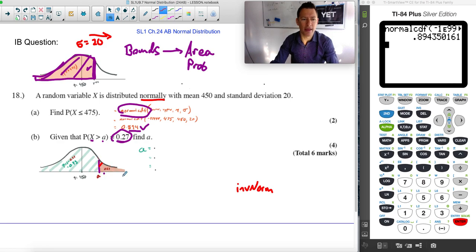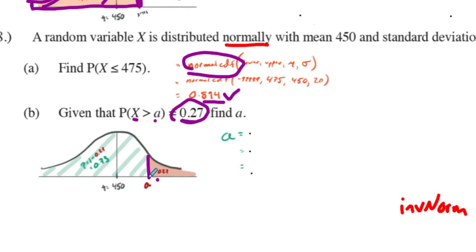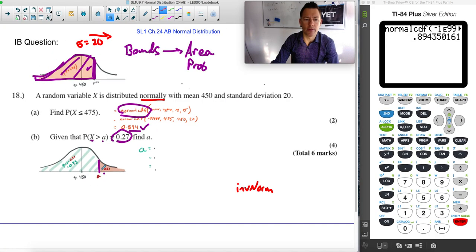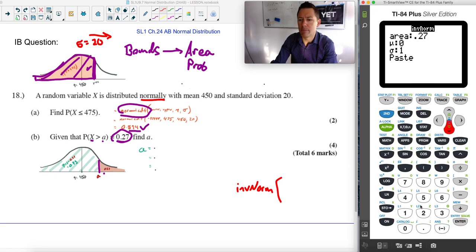The problem with that is the calculator is only going to do it in a specific way. If you ask for the probability, it's going to give you the boundary from 0 up to that boundary. So if we did this, let's just run it for fun. Area 0.27, the mean is 450, and the standard deviation is 20.